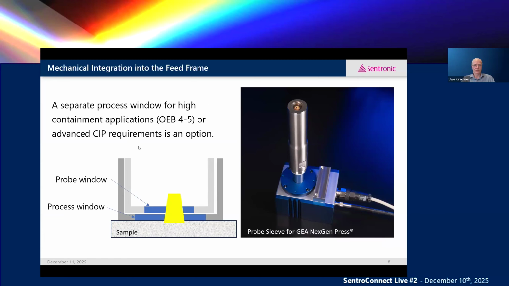Also very helpful for high CIP, clean in place, requirements. The idea is that the probe can just be retracted without opening the interface to the probe. The additional sapphire window has some loss in the signal, but the amount of it is still acceptable for typical applications.